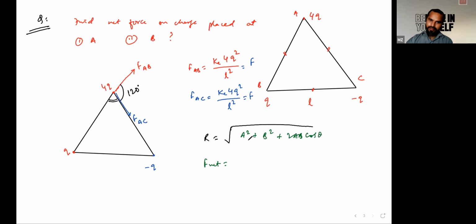Just see here, A is nothing but F. So it will be F square. Similarly, B has the same value as F. So it will be F square. The value of cos 120 is minus 1 by 2.